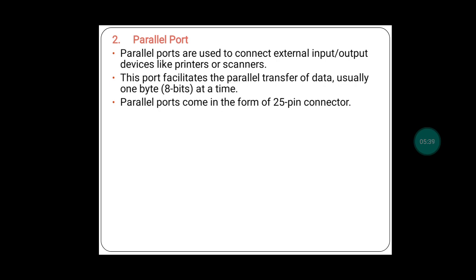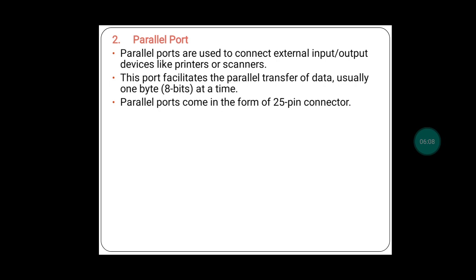So this port facilitates the parallel transfer of data, that is every data bit can be transferred simultaneously. If we have 4 data lines, we can transfer 4 bits of data at one particular time, and if we have 8 data lines, then we can transfer 8 bits of data at one particular time.